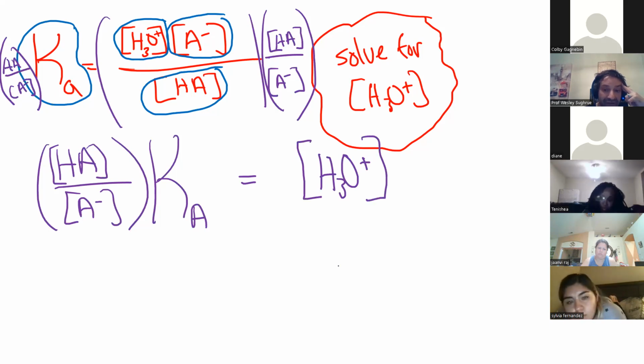H3O plus being the hydronium cation. These are all words that you're not expected to know, but I will mention purely because it would make me cringe as a chemist not to mention. Any questions? I hope that helps, clarifies, and makes it a little bit more easy to do.